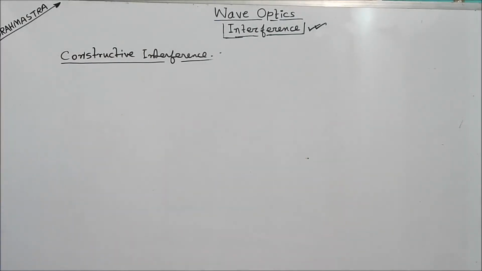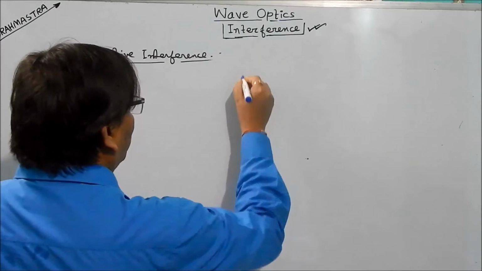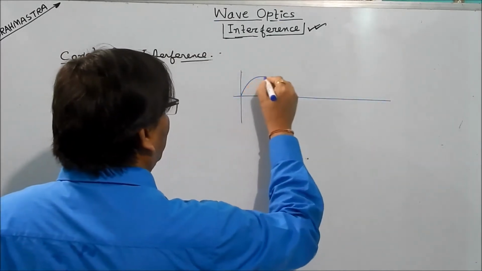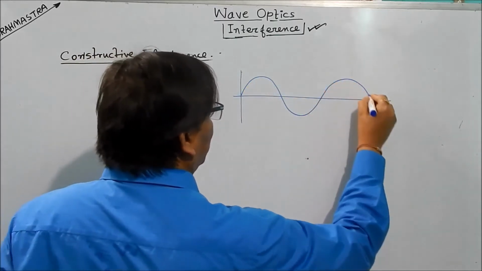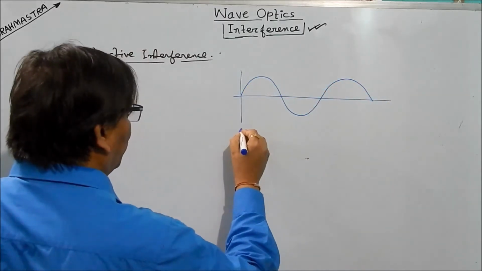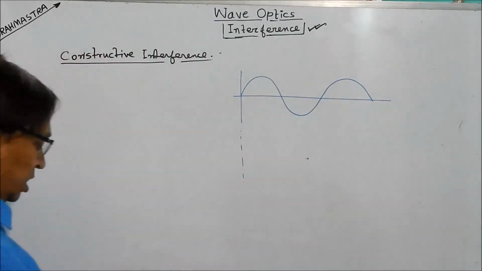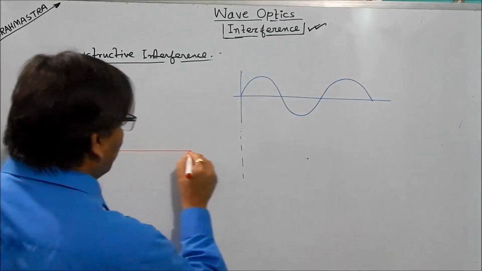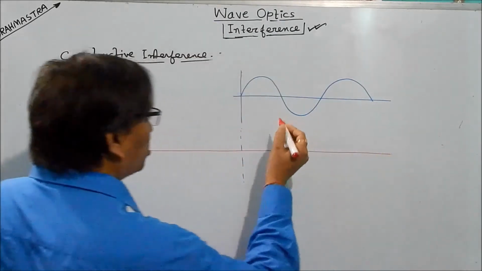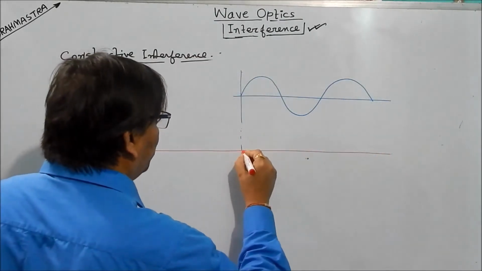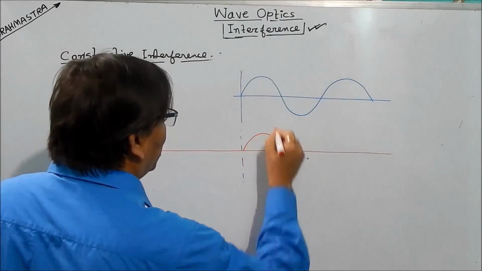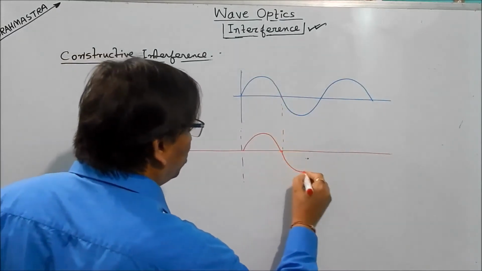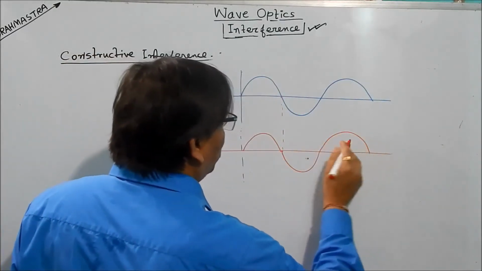Suppose I have one wave which has started from here and it is moving like this, and I have another wave which has started from a certain distance back. It will be constructive only when this wave also has the same phase, that means crest with crest and trough with trough.